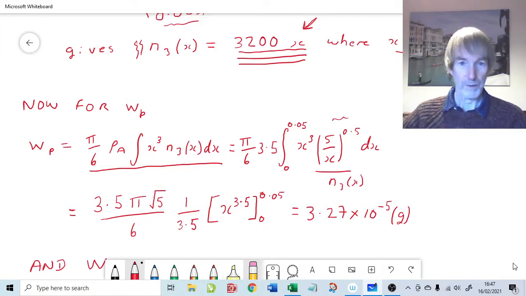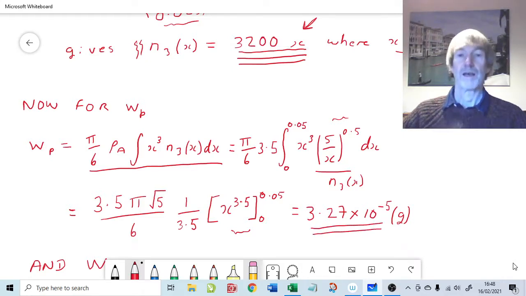We end up with x to the power 2.5 in the integration, which is then integrated to give you x to the power 3.5. And if you work through there and get all the numbers out, then the mean particle mass of component A comes out at near enough 3.3 times 10 to the minus 5 grams.